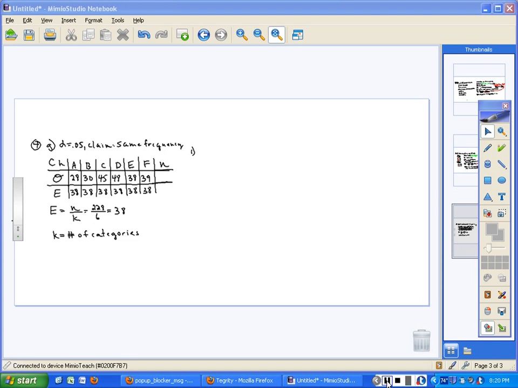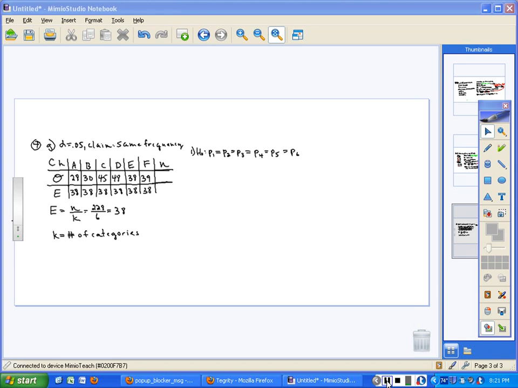Okay, for this type of problem, for your H0, we use P's here for proportion, the proportion that falls into each category. So your H0 is P1 is equal to P2 is equal to P3, and depending on how many categories you have. Here we have 6 categories, which is P6.